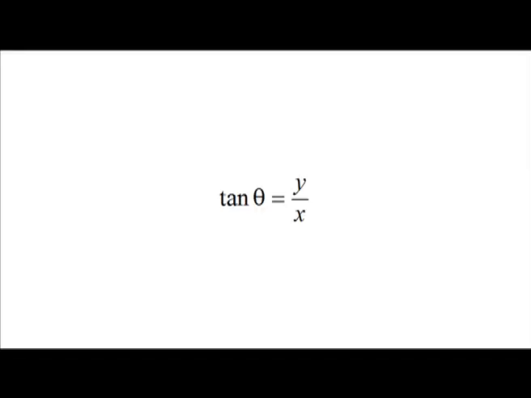Hence, in terms of x and y, the value of angle θ can be determined from the equation tan θ = y/x, where the quadrant containing the point corresponding to (x, y) must be specified. Thus, the polar coordinates (r, θ) of a point P and the Cartesian coordinates (x, y) of the same point are related by the following equations.